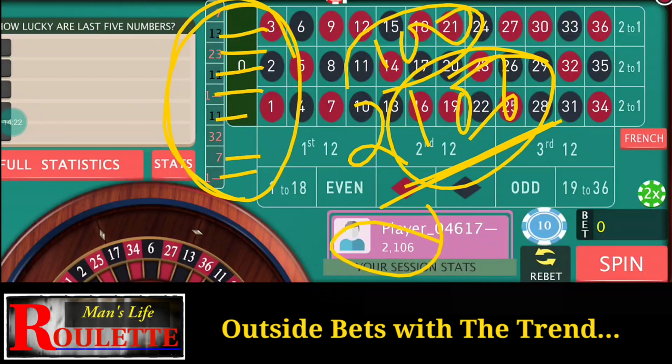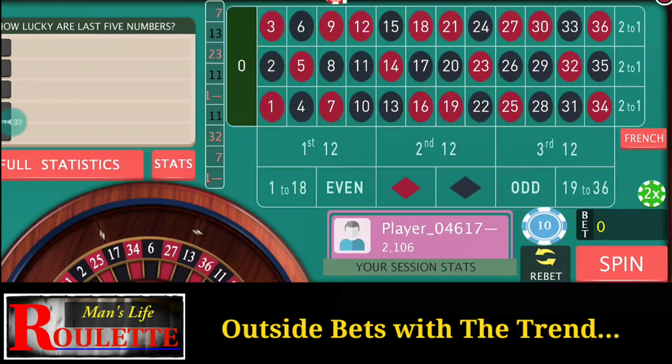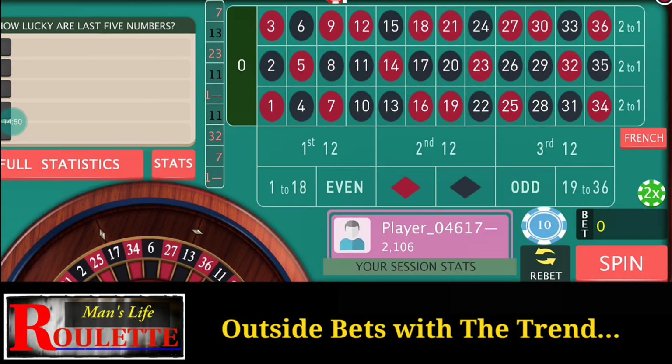Nobody knows which kind of series will appear, whether the series is for bigger number or smaller number, or red number or black number. But once you play in this way, you will get that series in your favor. Here most of the numbers are odd, and that helps me to achieve the target. So this is the strategy.